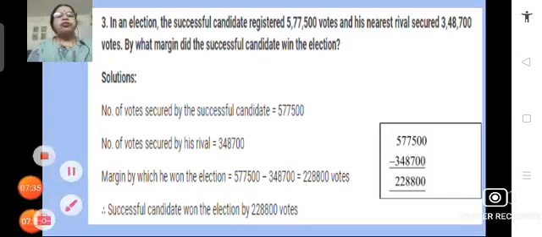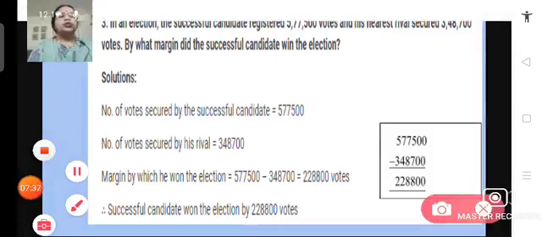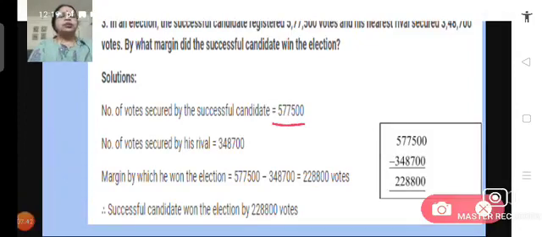So the number of votes secured by the successful candidate are 5,77,500, and the number of votes secured by his rival 3,48,700. So what is the margin by which the successful candidate won the election? We will subtract 3,48,700 from 5,77,500.